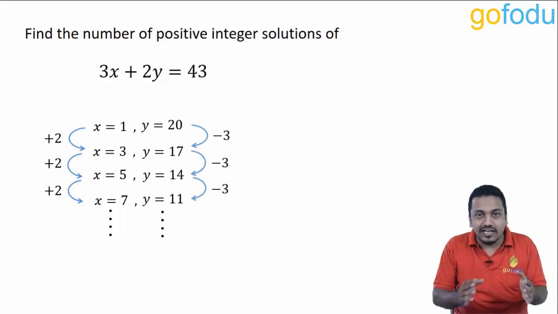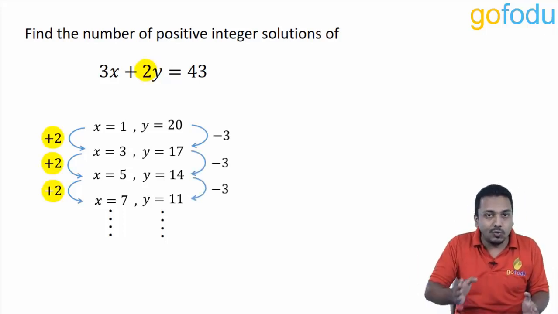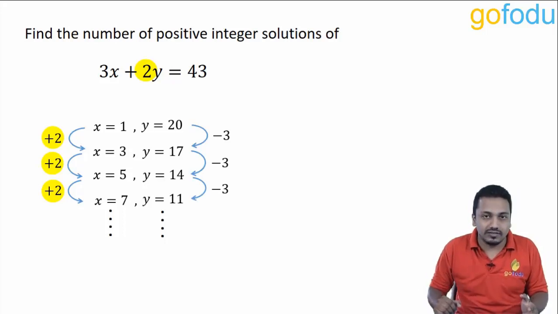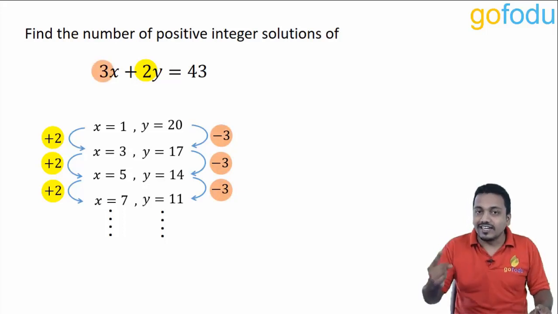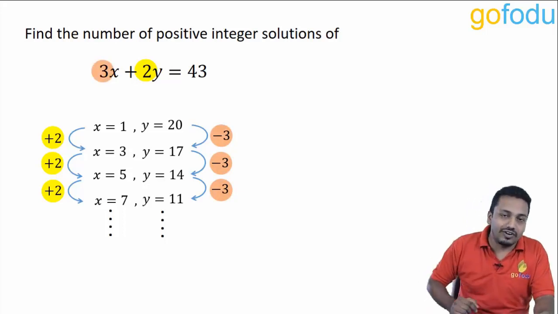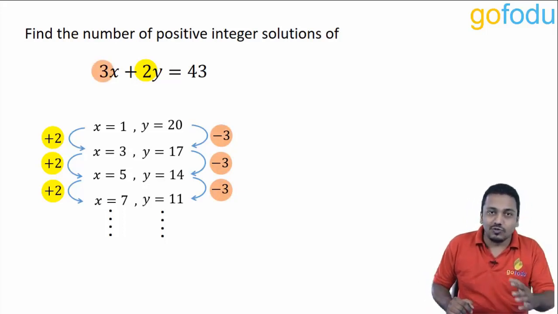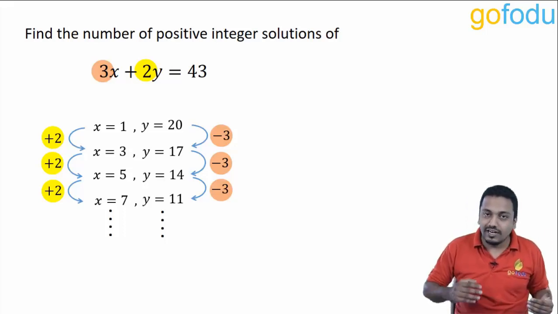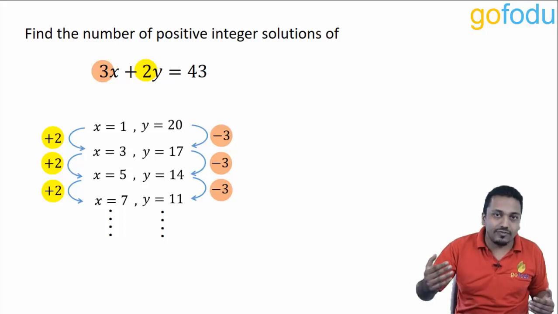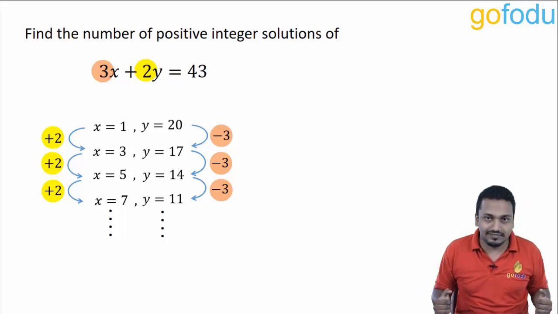So in x, the increment is of 2 and 2 is the coefficient of y in our equation. Similarly, the difference in values of y is of 3 and 3 is the coefficient of x in our original equation. So values of x are at a difference of the coefficient of y and values of y are at a difference of the coefficient of x.